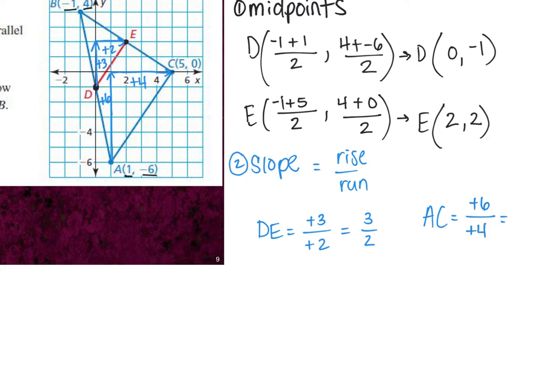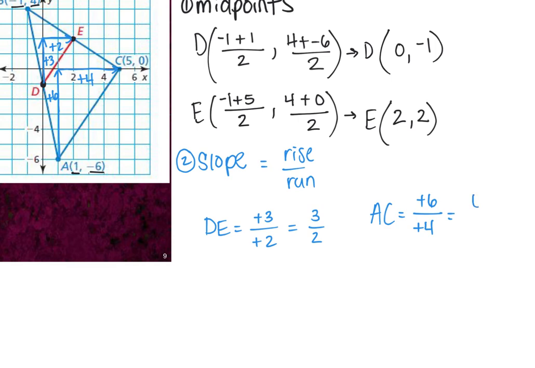In other words, just 6 over 4, but we simplify it. What is the numerator and the denominator divisible by? 2. So this becomes 3 over 2. Do they have the same slope? So we put a check mark and we say they are parallel.